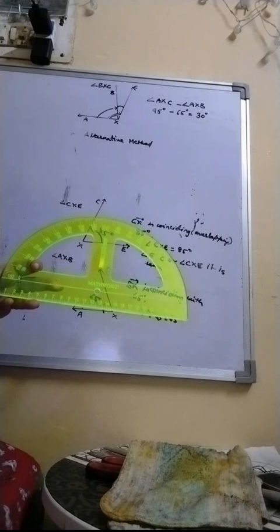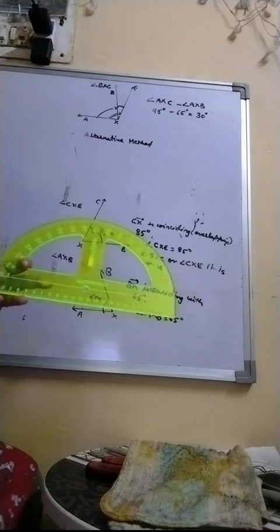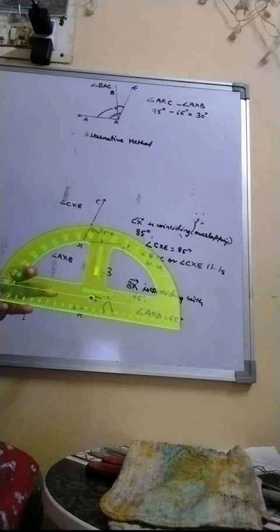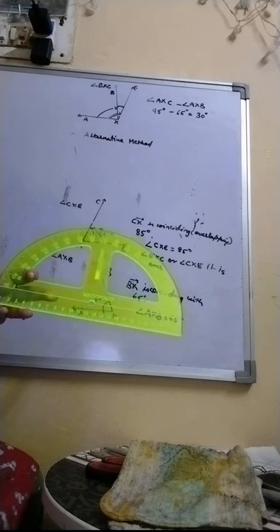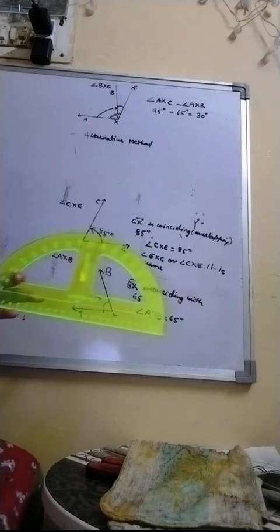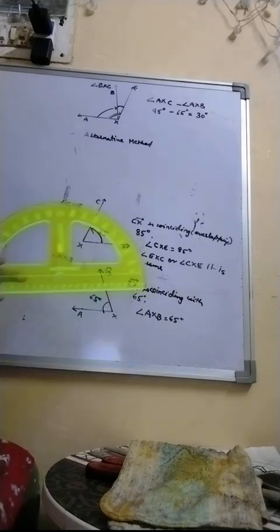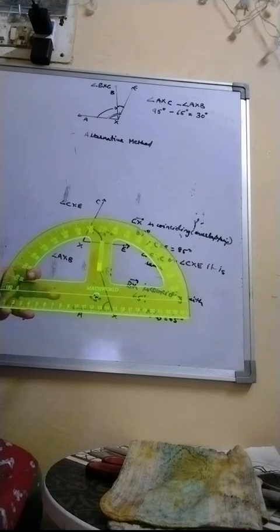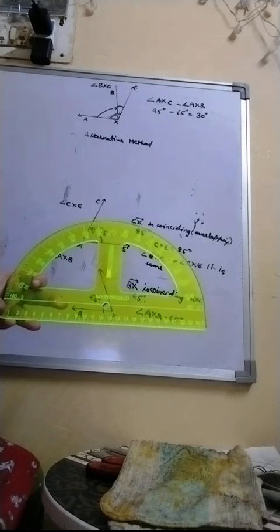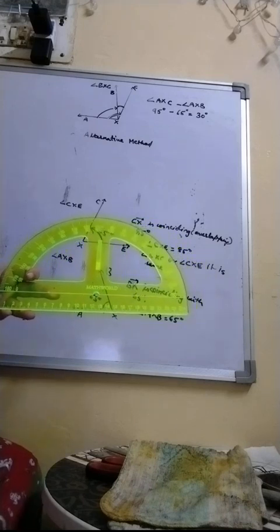What is the reading of the BX ray? Now BX is coinciding with 65. Since AX is 0, where is BX lying? You will start reading from 0, 10, 20, 30, 40, 50, 60, 65. So 65 degree, and CX is at 105. Sorry, CX is at 85.